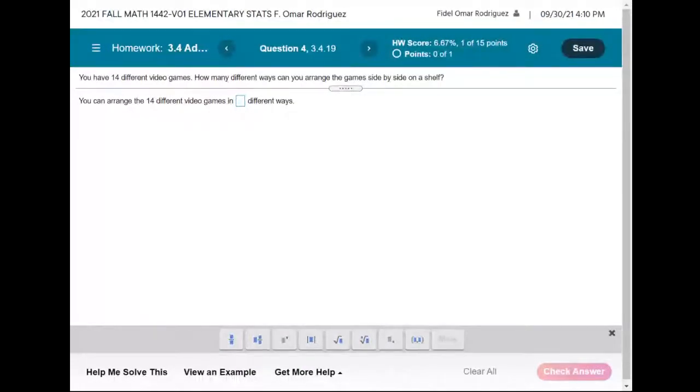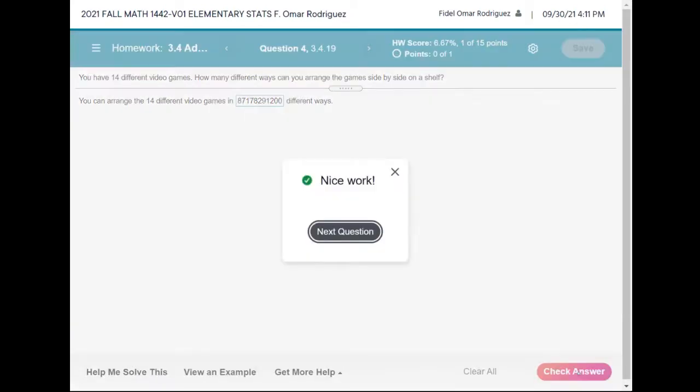So we had 87178, and then 291, and then it was a 200 after that. And I'm going to go check my answer, and we got it. So even when I did this on my calculator, it gave it to me in scientific notation, so I'm just going to write it down and then start moving my decimal.